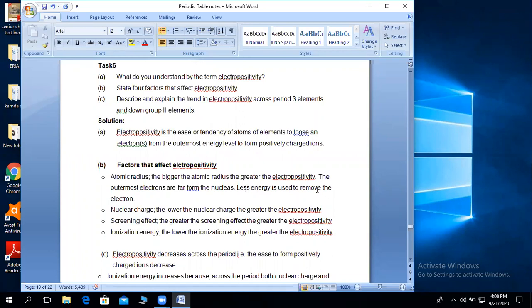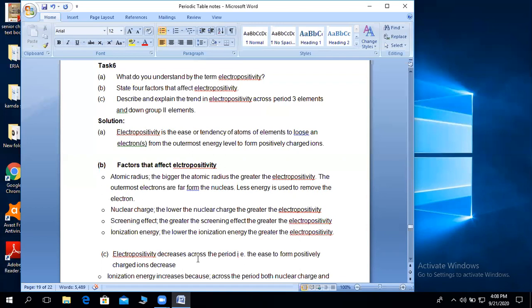Less energy is used to remove the electron. That one you agree. Nuclear charge: the lower the nuclear charge, the greater the electropositivity. That one, nothing to explain. Then ionization energy: the lower the ionization energy, the greater the electropositivity.